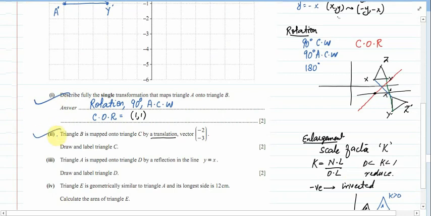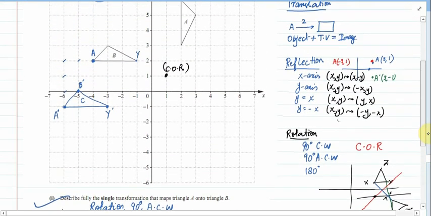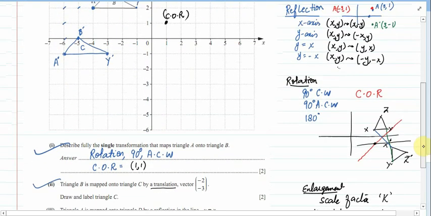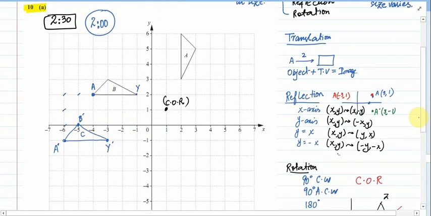Triangle A is mapped onto triangle D by a reflection in the line y equals x. Draw and label triangle D. So firstly you need to draw the line y equals x on your figure, and then you need to reflect triangle A. For that reflection part, I give you 2.5 minutes. First draw the line and then start the reflection.